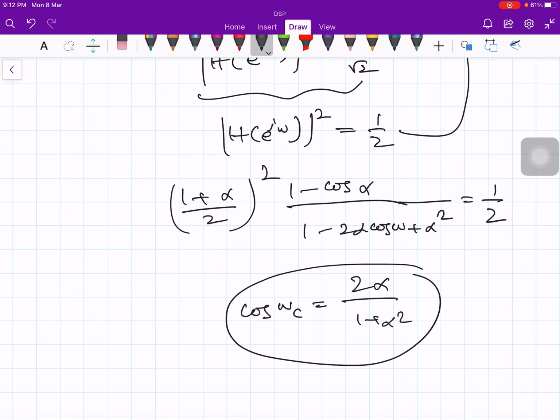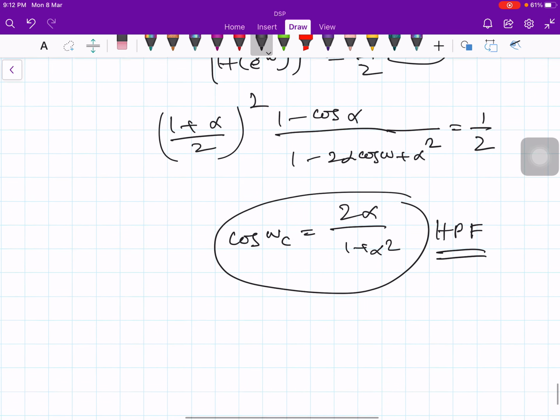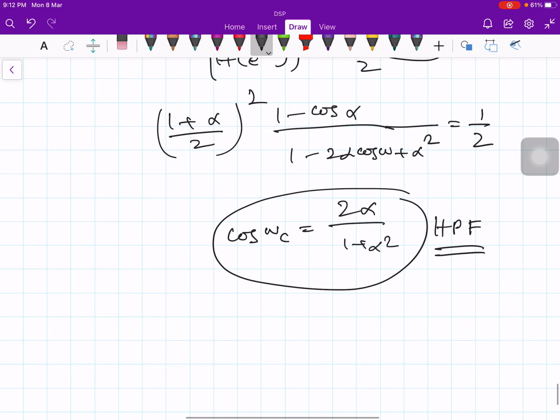So it turns out that the cutoff frequency is identical to the previous case, the low pass filter. For low pass filter also the cutoff frequency is 2 alpha divided by 1 plus alpha square, and for high pass filter also the same formula. So once again if you want to design a filter for a specified omega c, then you have to solve this equation and find out the alpha. Omega c is given, but we need to know what alpha will give you this omega c. For that you have to solve this equation.